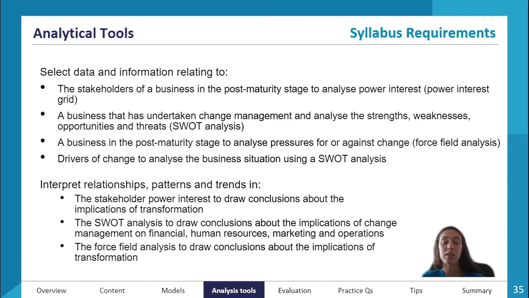Now, keep in mind, this may feel like a lot of stuff, but you won't be doing all of these things. So in your external exam, you're not going to have to do a power interest grid and a force field analysis and a SWOT analysis. So for your business report extract section, if you have that kind of question where you have to do a more detailed look at some stimulus and a business situation, you will get either the power interest grid or the force field analysis that you have to use, not both.